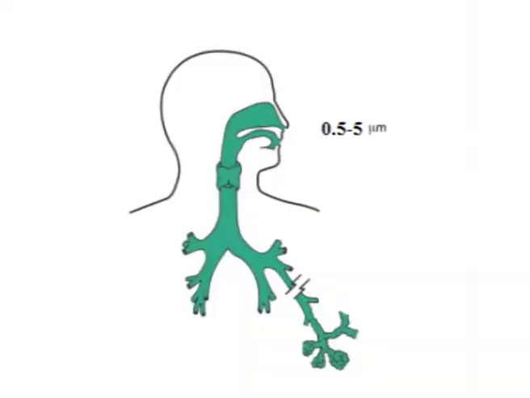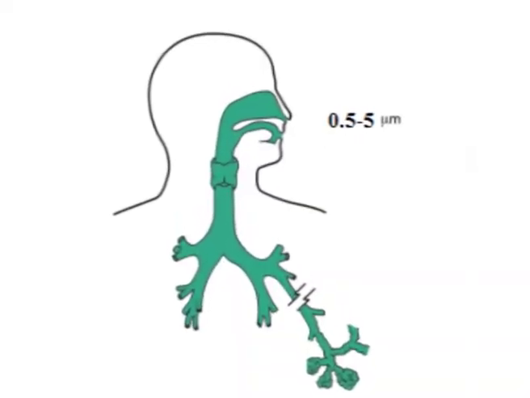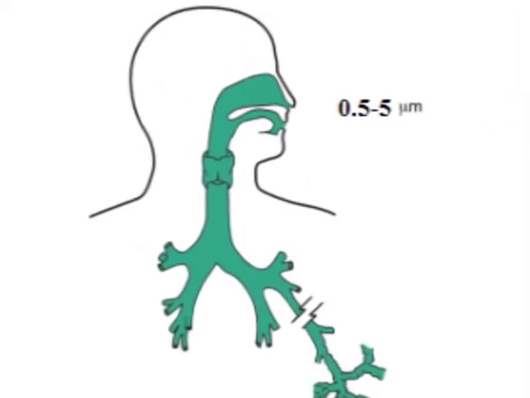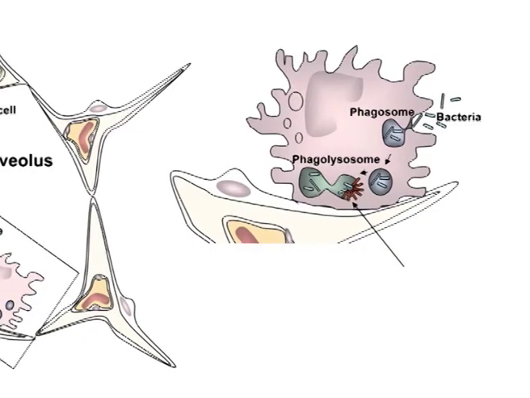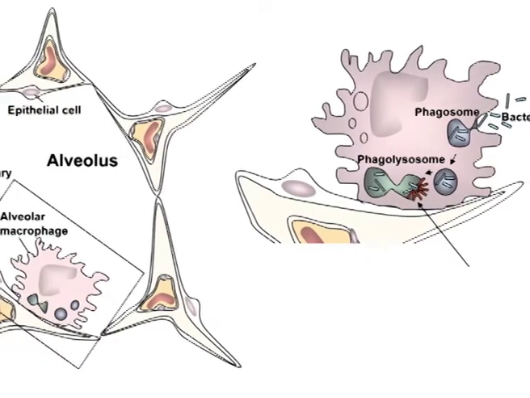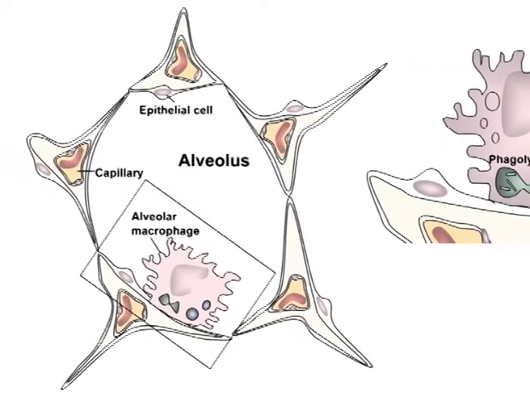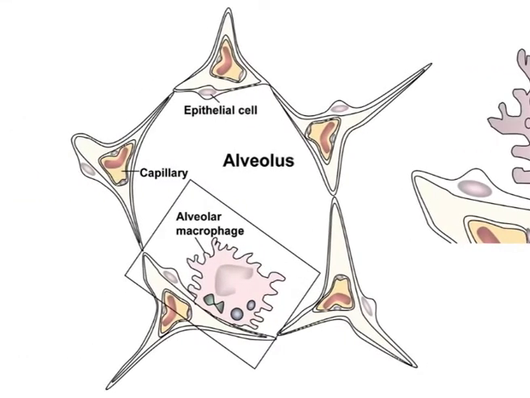The most appropriate range of aerodynamic diameters for these particles to be respirable is around 0.5 to 5 micron. However, microparticles of this respirable size range are also of the size that is cleared most rapidly from the lung by alveolar macrophages.